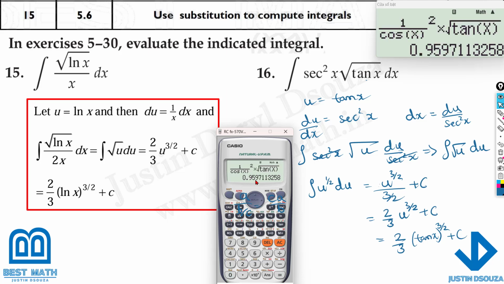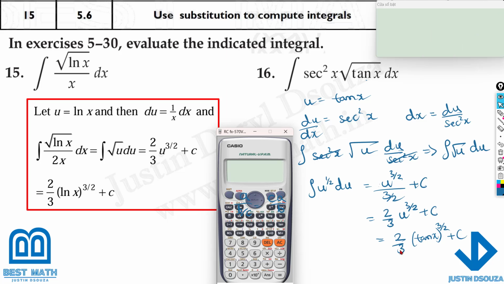The answer is 0.9597. Now let me solve this with shift d by dx. It's 2/3 of, sorry, not square root, open the bracket, tan x, close the bracket and raise it to the power. I've closed it twice because I've opened it once over here, this one is for x and then for the tan.